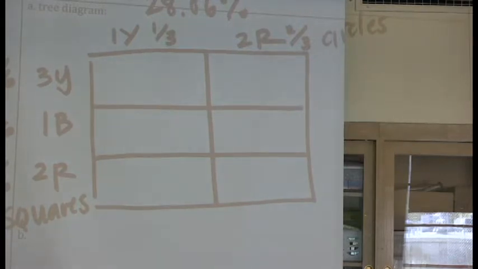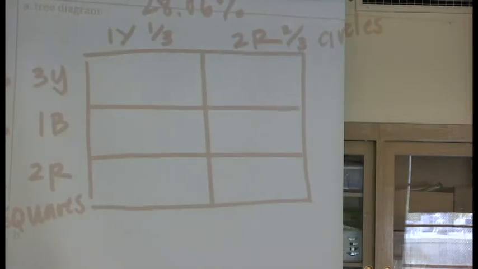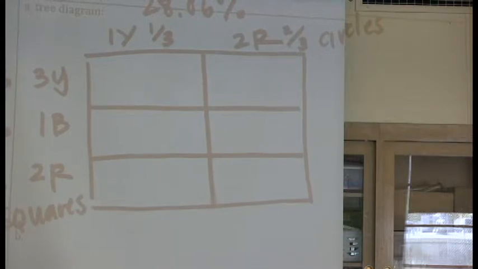Go back and look at your question. What gives you the most wonderful stuffed animal ever? 1 blue square and 1 red circle. Okay? So here's my blue square, right? These are my squares. Here's my blue square and a red circle. So really, I care about what's in this box.